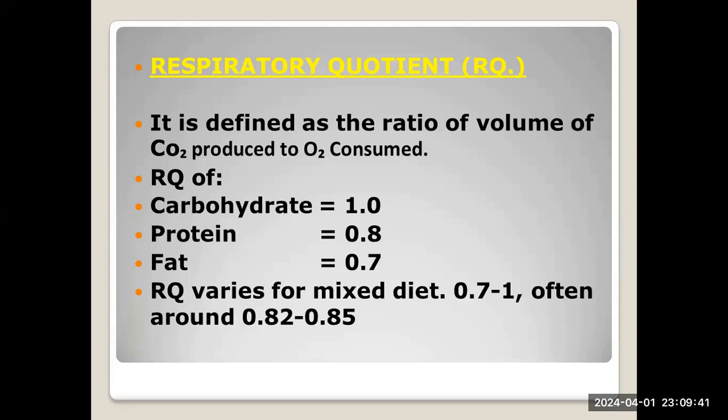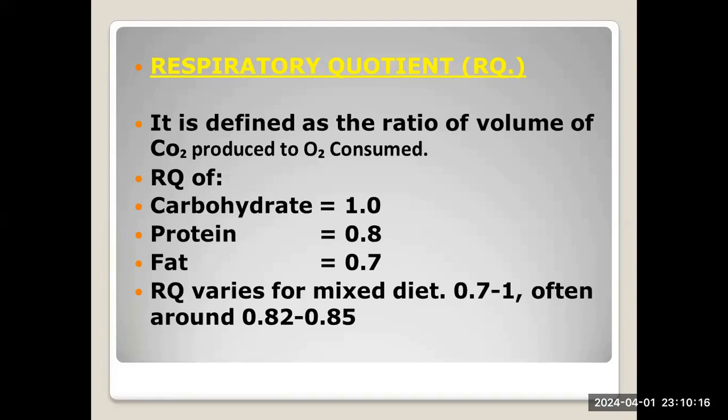When we oxidize proteins, the oxygen consumption is less compared to the carbon dioxide produced, so the respiratory quotient of protein comes out to be 0.8. Similarly, when we oxidize fat, more carbon dioxide is produced compared to the oxygen consumption, and the RQ comes out to be 0.7.